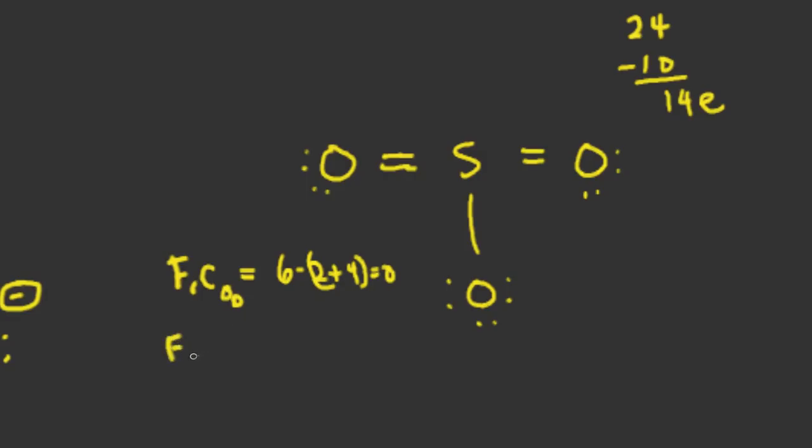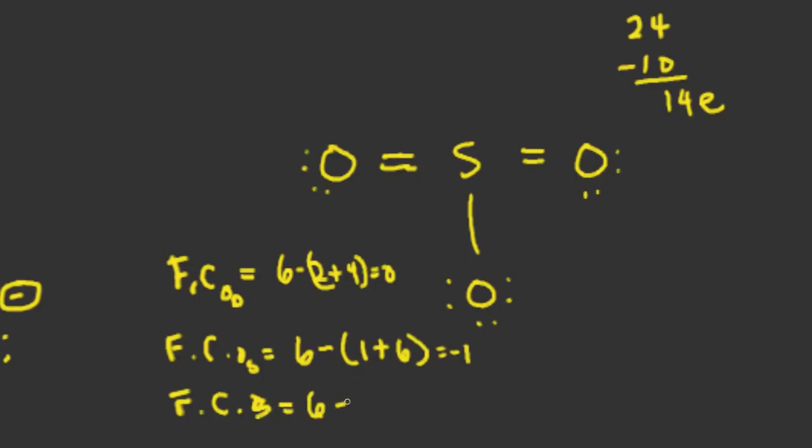And then the formal charge of the oxygen with a single bond is 6 minus 1 plus 6, which is a negative 1 charge. And then the formal charge of the sulfur is going to be 6 minus the 5 bonds plus no lone pairs equals 0. So I never checked my lone pairs, 2, 4, 10, 14. So yes, that does match up. So this is a minus 1, this is a plus 1.